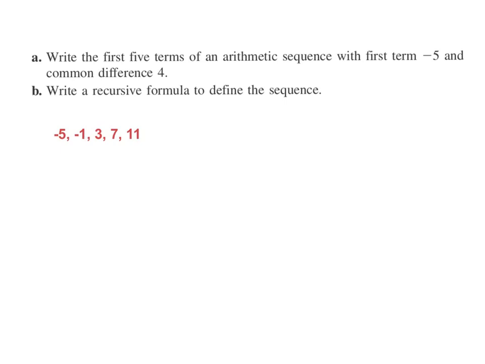Okay, now we have to write the recursive formula. In order to write the recursive formula, we first want to have the general recursive formula. So it looks like that. What we need in order to write the recursive formula is we need a sub 1 and we need the common difference. These are going to be a sub n and a sub n minus 1. Those are going to stay the same.